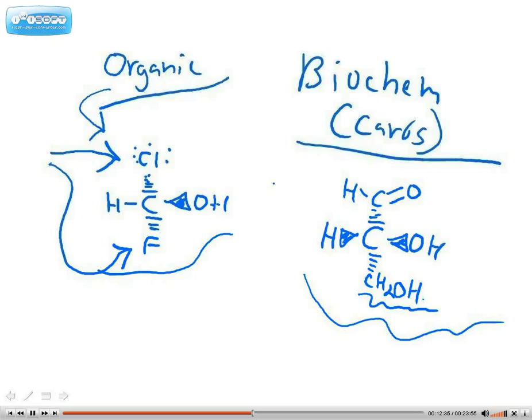I bring this up because whenever I ask you to determine for monosaccharide biochem molecules, it'll have this format right here, and you may see something that looks like this.